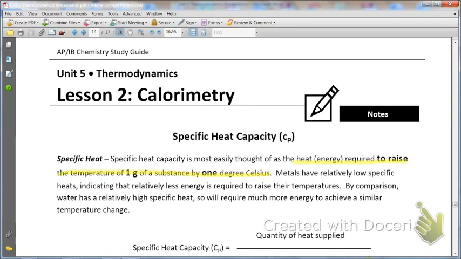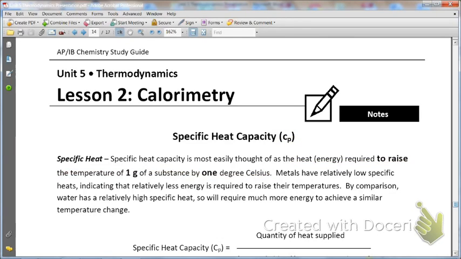All right, now every single material out there has a specific heat capacity. So no two materials have the same specific heat capacity. By the way, the specific heat capacity is abbreviated or symbolized by CP. Okay, so whenever you see CP, we're talking about heat capacity there.